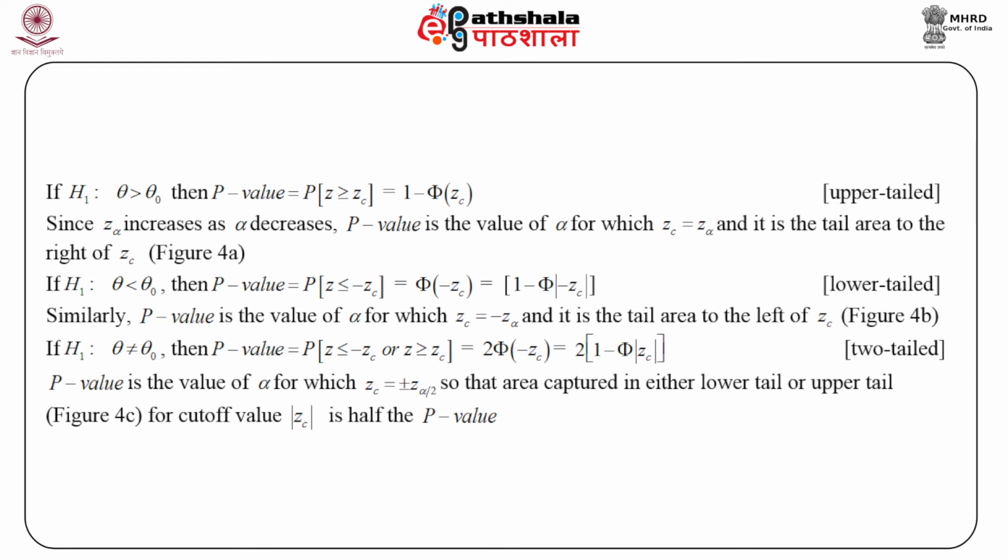Now, p-value is the value of alpha for which ZC is equal to plus or minus Z alpha by 2. So that area captured in either lower tail or upper tail, which is figure 4c, for cutoff value modulus ZC is half the p-value.